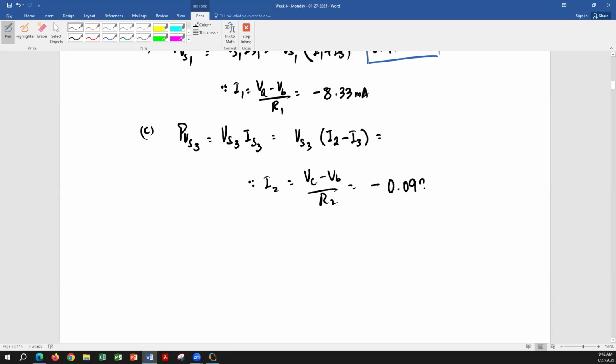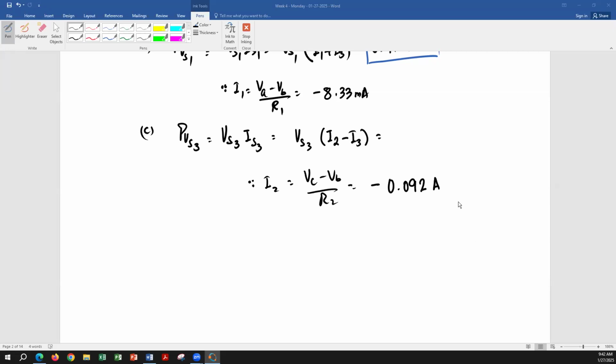So I'm just going to write down 2. And so this is going to be PVS3 is equal to VS3 times I2 minus I3. And that is a negative power.